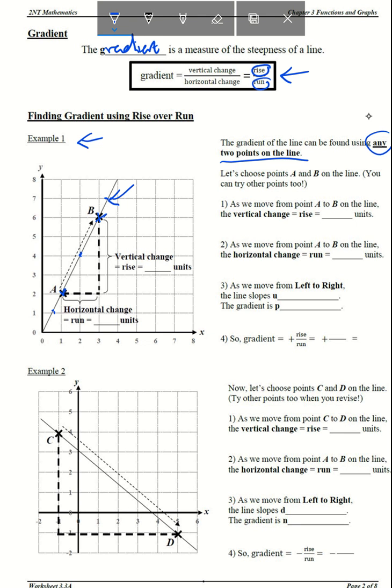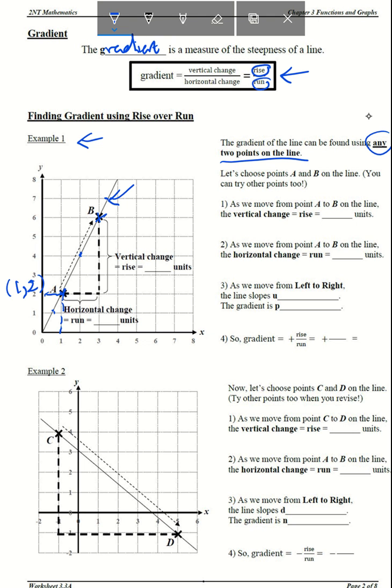Help me find the coordinates of point A. Coordinates means the address, meaning you must give me the x and y value of this point. Go down on the x-axis: the x coordinate is 1. Looking at the y-axis, the y coordinate is 2. So the coordinates of point A are 1, 2.